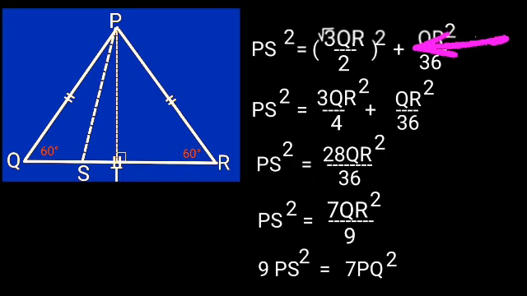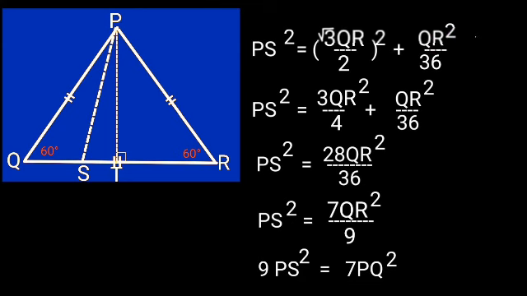PS square is equal to, instead of PT we substitute the value under root 3 QR upon 2 bracket square plus QR square upon 36.